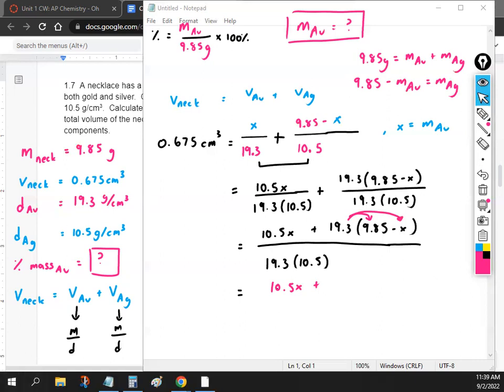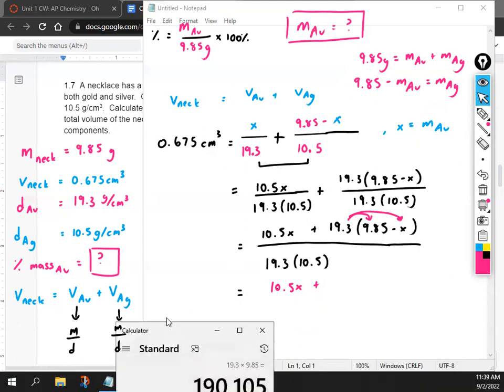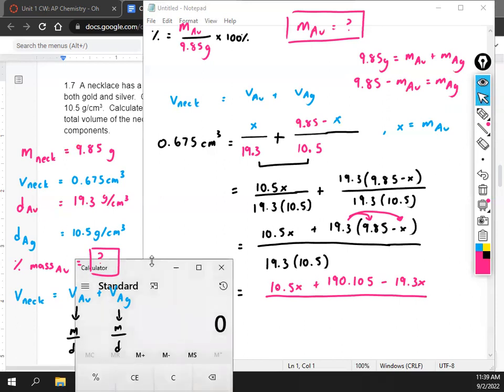So basically simplify it: 19.3 times 9.85 is going to give us 190.105 minus 19.3x. And then this is all going to be divided by the denominator, 19.3 times 10.5, which is 202.65.